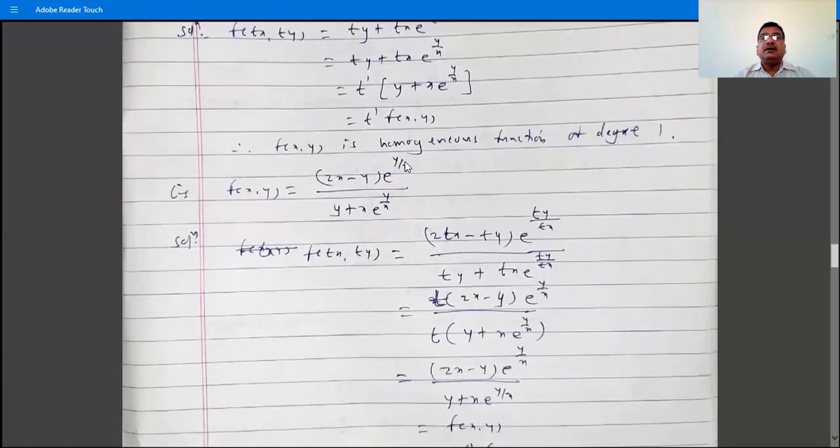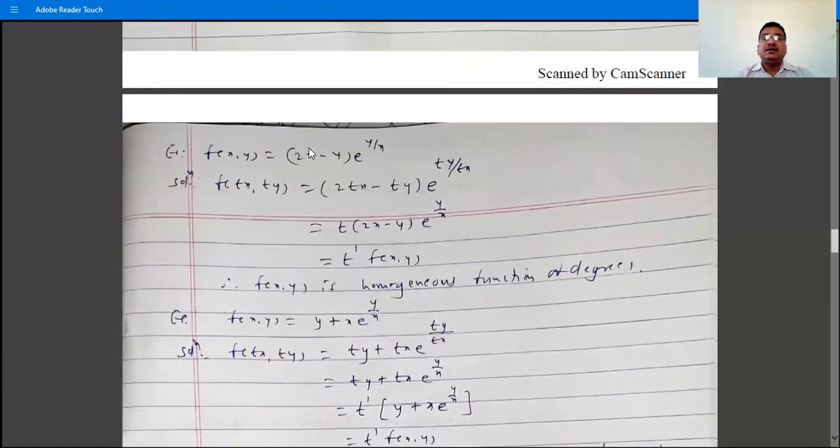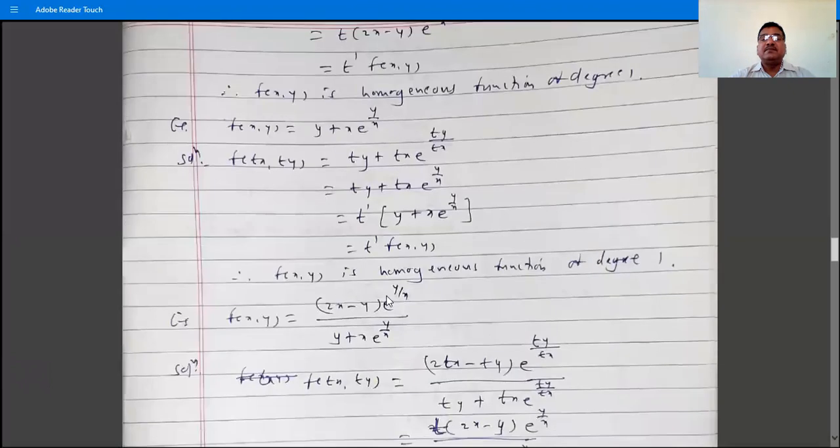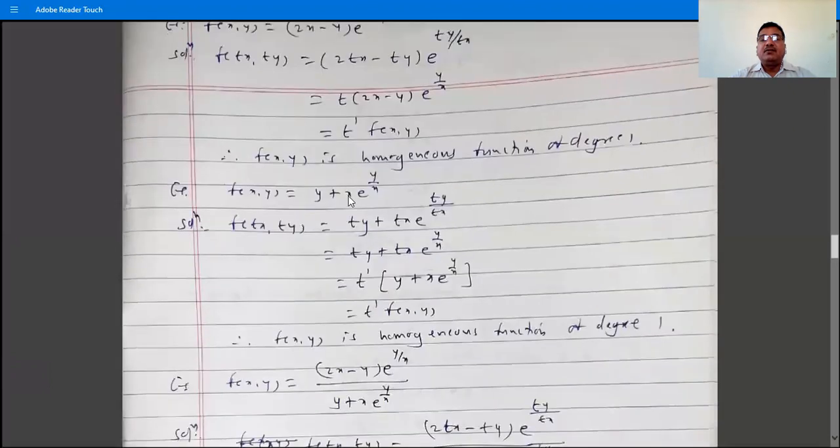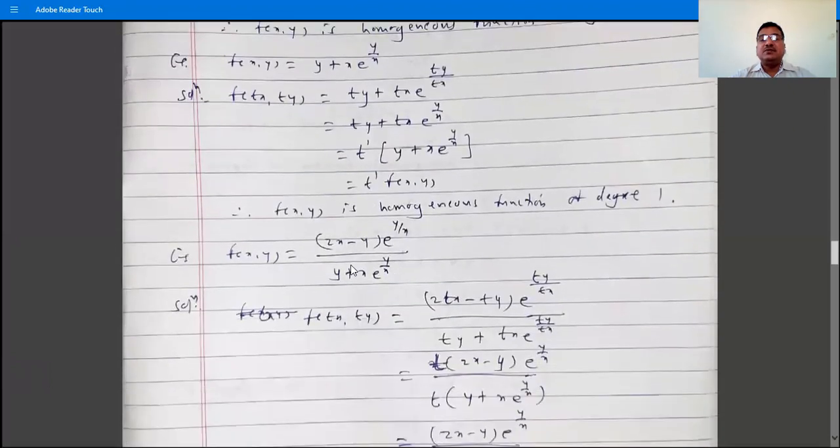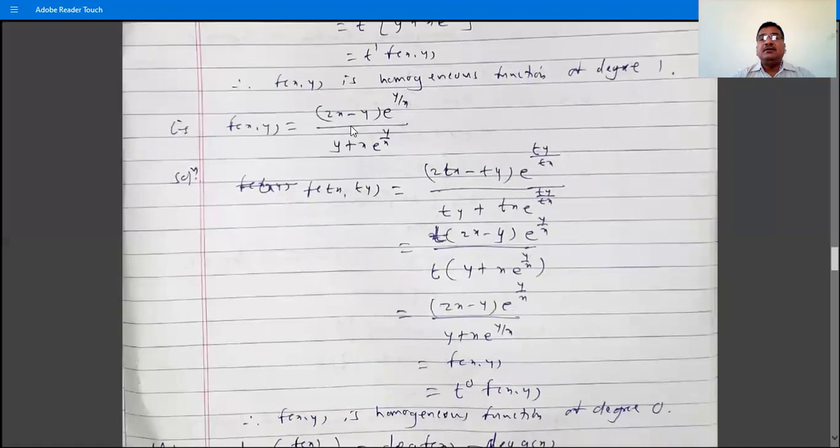If you take the division of (2x minus y e raised to y by x) and divide by (y plus x e raised to y by x), then the numerator is a homogeneous function of degree 1, the denominator is a homogeneous function of degree 1, and the degree of this whole function is 1 minus 1. So we will check independently, that is f of (tx, ty) is equal to, replace x and y by tx and ty.